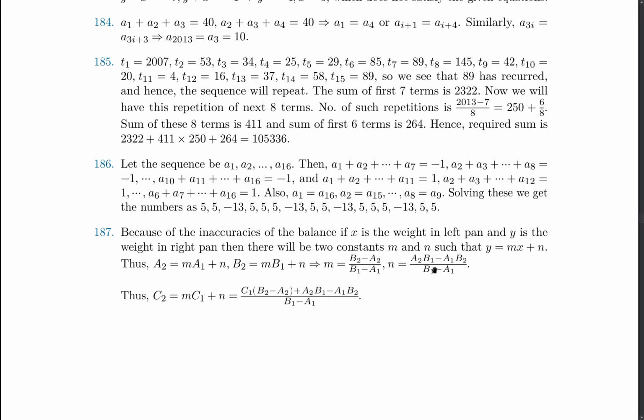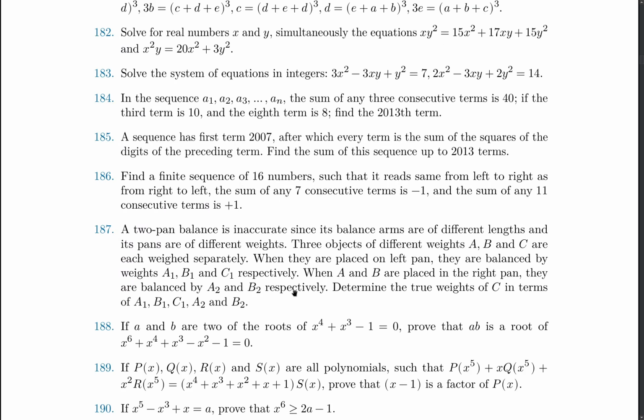So from this we figured out M and N. And then C2 would be MC1 plus N. Now we substitute the values of M and N to get the value of C2 in the required fashion.